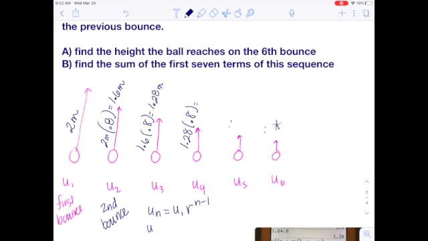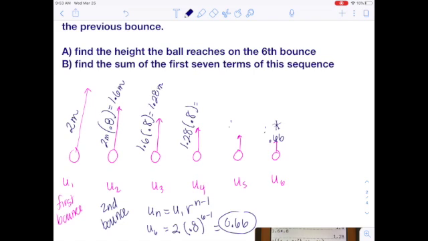So U sub 6 is equal to our first term, which is our 2 meters, multiplied by our common ratio of 0.8 to the 6 minus 1, which when you drop that into your calculator, to the 5th power, you get only a little height of 0.65. Well, let's round to 0.66.